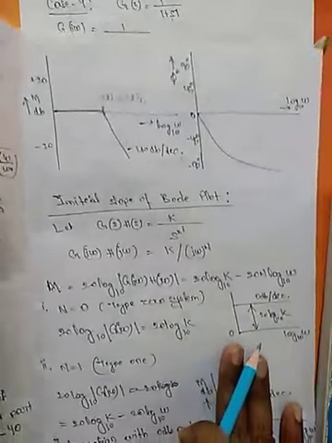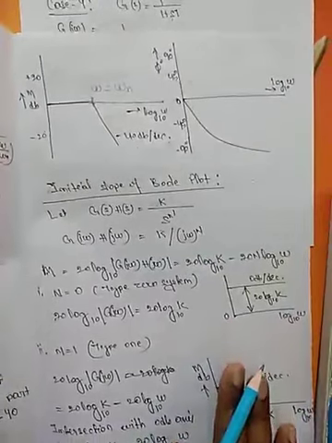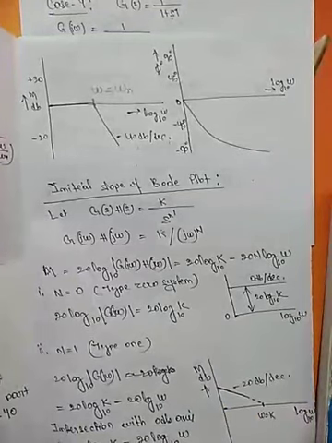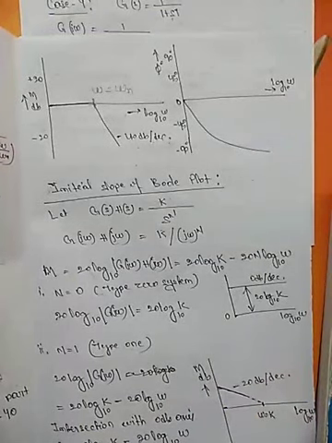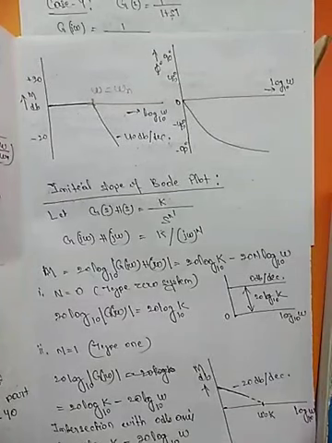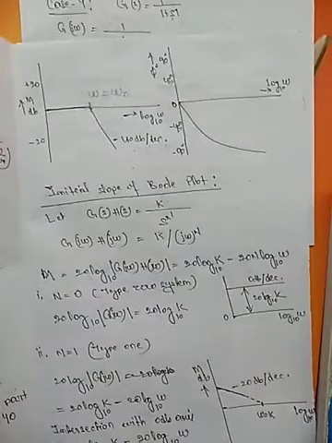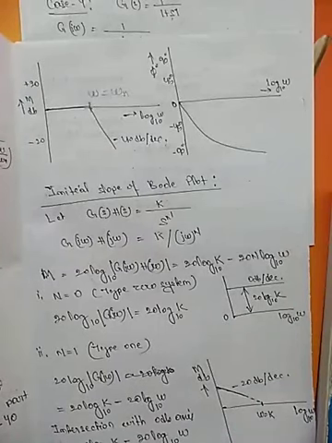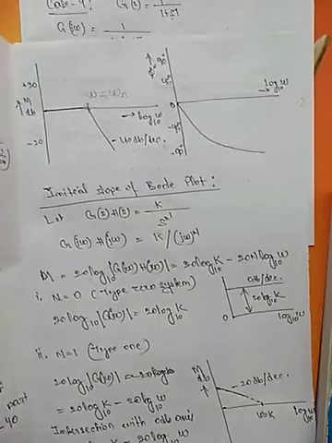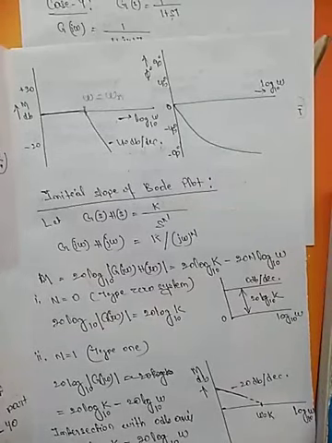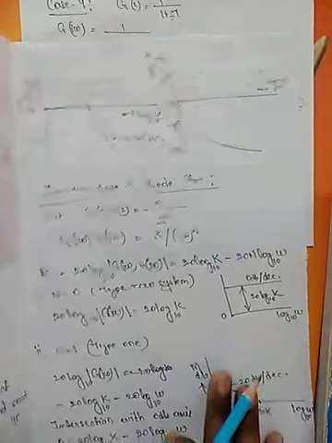Next we see how to find the initial point or initial slope of the Bode plot. The initial slope is decided by the type of the open loop system. It means how many poles are present at the origin of the s plane. It decides the initial slope.